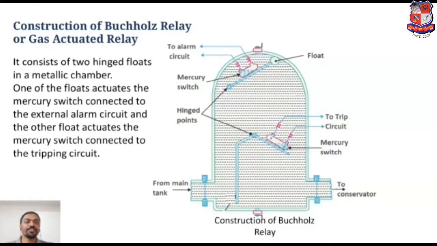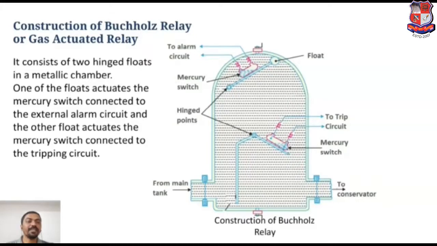So construction of Buchholz relay, as shown in the figure, there are 2 mercury switches and a float. The float is hinged at a point, and below the lower mercury switch there is a flapper. Oil is flowing from main tank to conservator tank, and this whole is a metallic chamber, and on the top of the Buchholz relay there is an air or gas release valve.